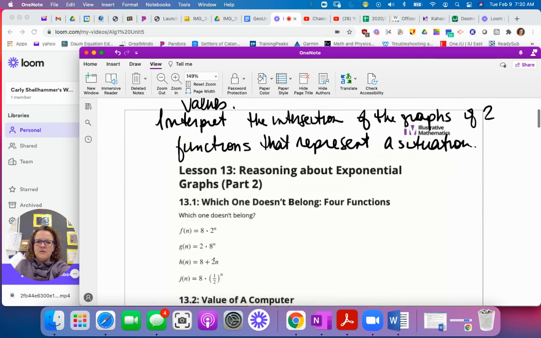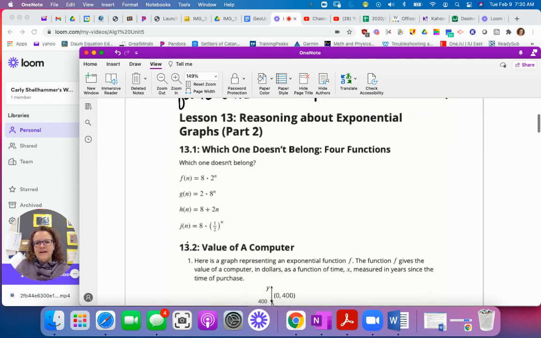All right, so let's start out with which one doesn't belong. If I look, 8 times 2 to the n, cool. 2 times 8 to the n, okay. This one is not exponential. It is linear.